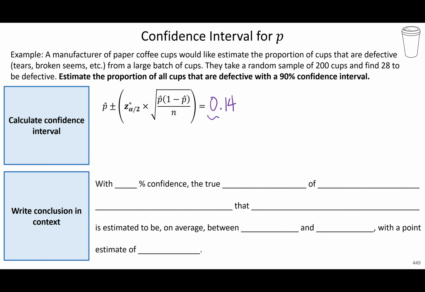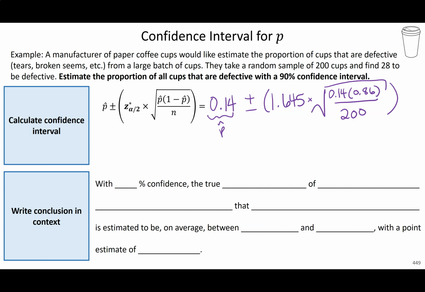This is my point estimate, p hat, plus or minus, my z star was 1.645 times the square root of 0.14 times (1 minus 0.14) over the sample size. So I have that there.